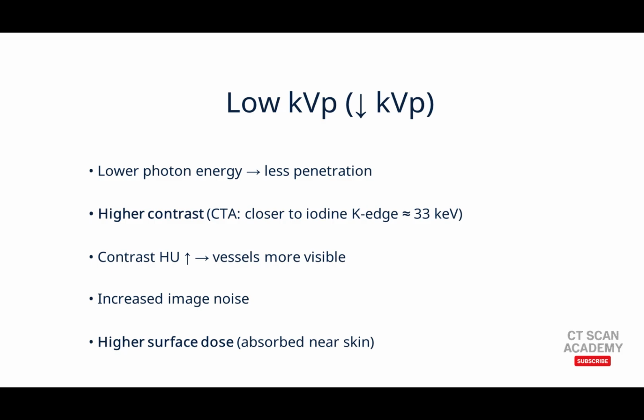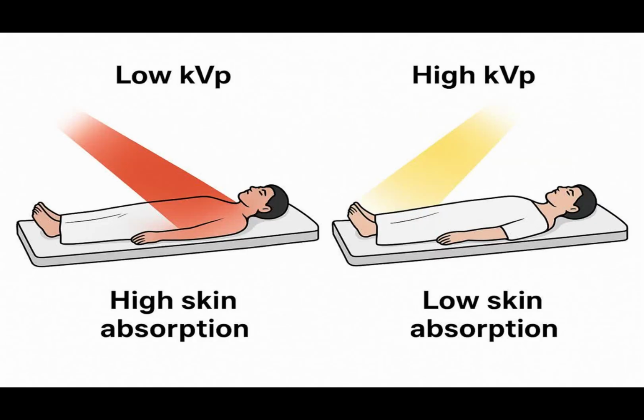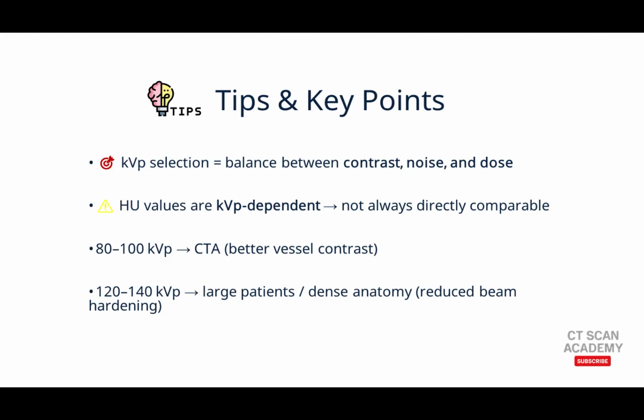So contrast enhancement appears stronger, HU values increase, and vessels are more conspicuous. The trade-offs are higher image noise and a relatively higher surface dose because more energy is absorbed superficially. Choose kVp to balance contrast, noise, and dose.